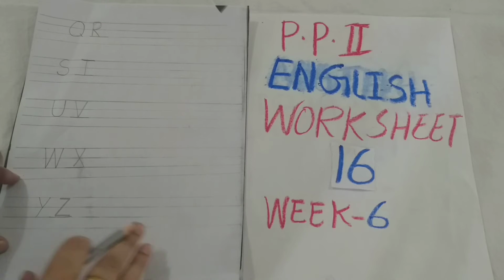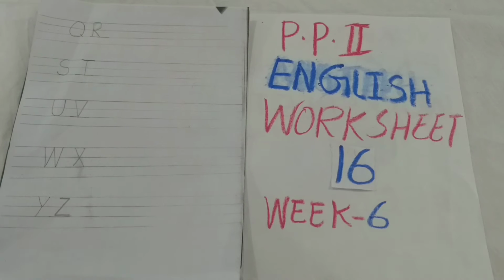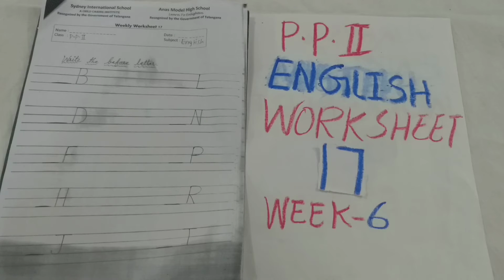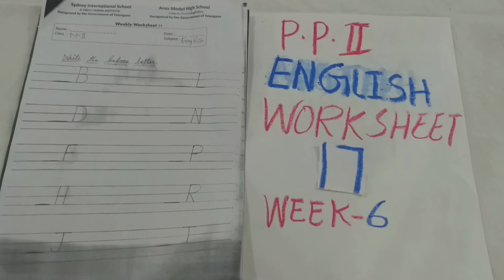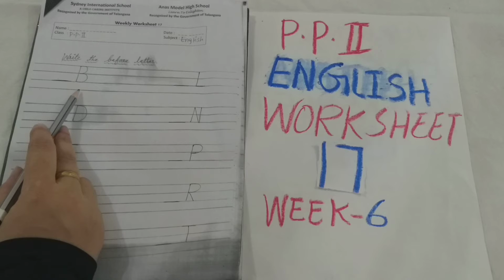So we have completed our worksheet number 16. Now take out your worksheet number 17. Here in your worksheet number 17, what you have to do, children? See here, write the before letter. Capital B is here.